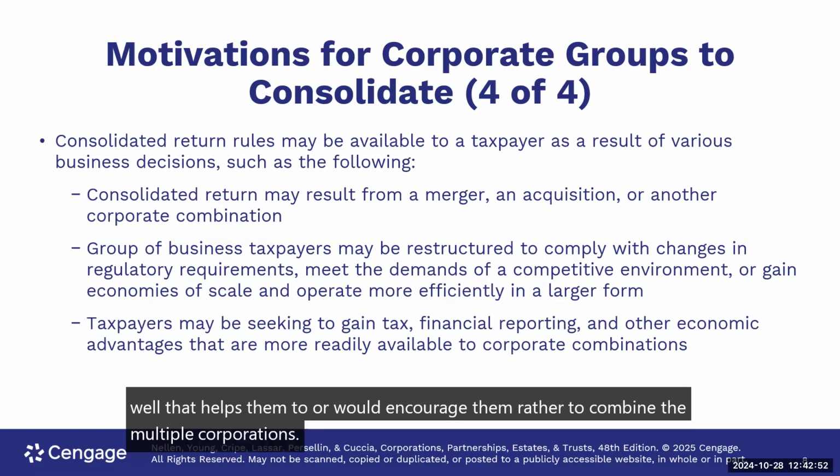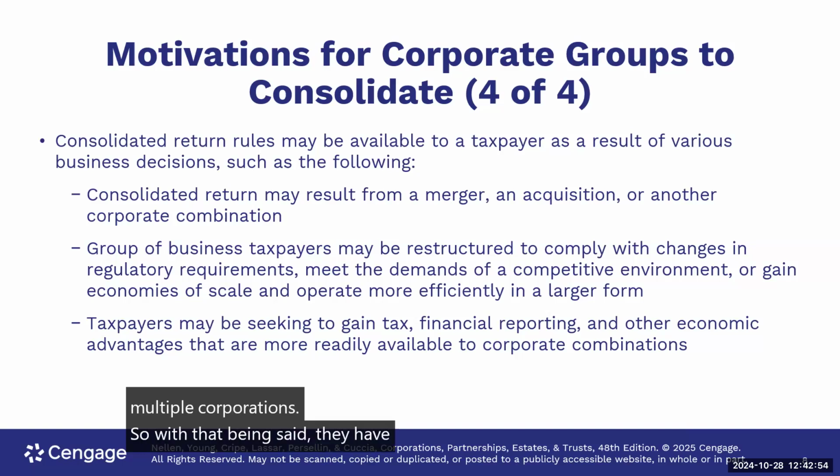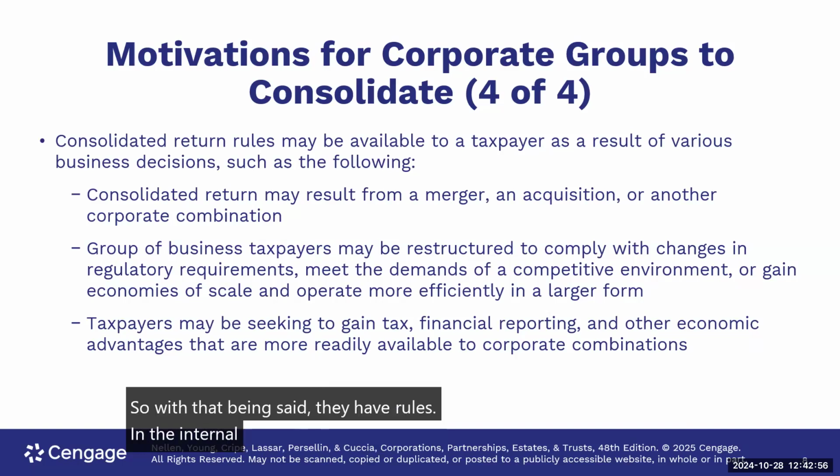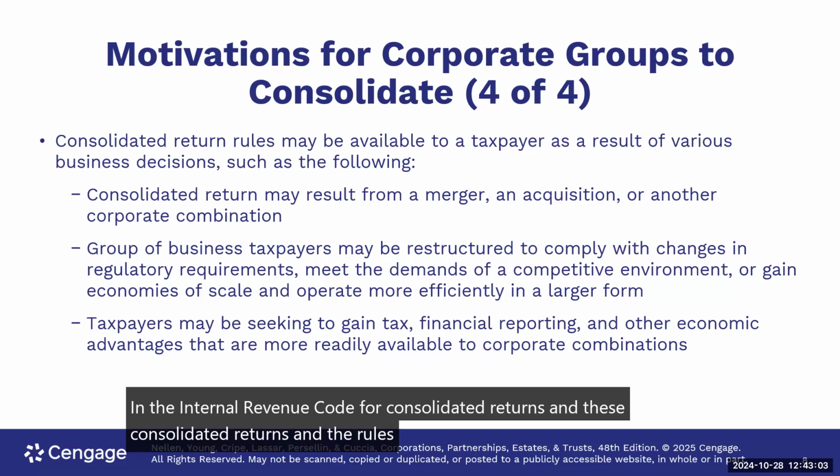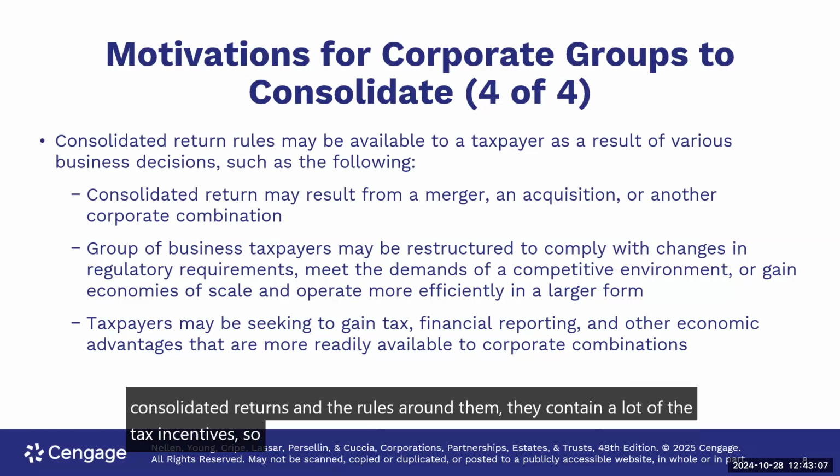With that being said, there are rules in the Internal Revenue Code for consolidated returns, and these rules contain a lot of the tax incentives. Collectively, Congress and the Treasury Department appear to have two goals for the consolidated return rules.